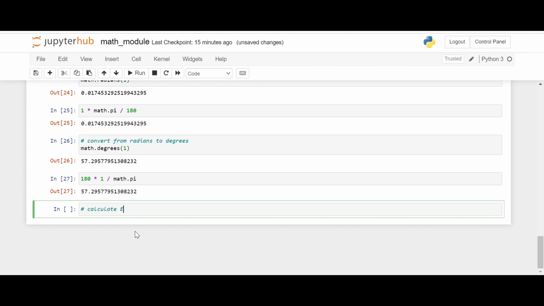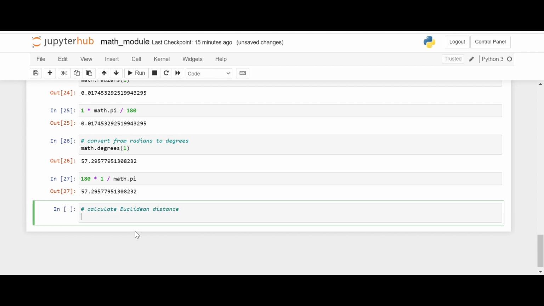Calculate Euclidean distance, math.dist, so 1 2 3 4.